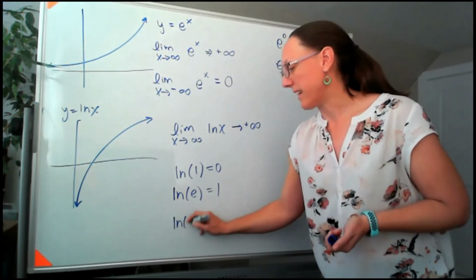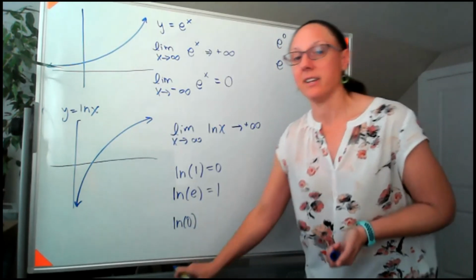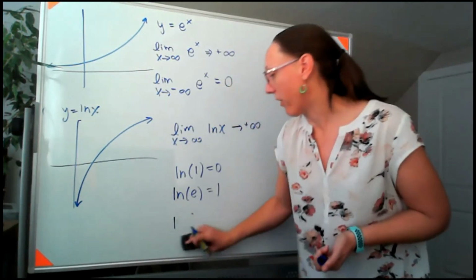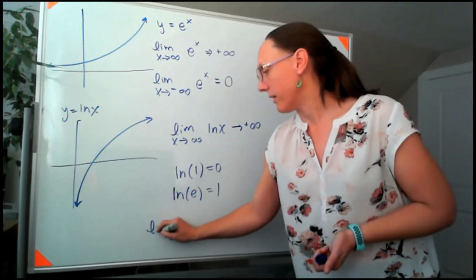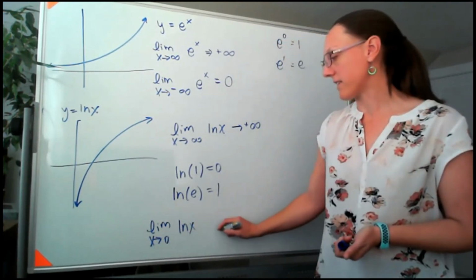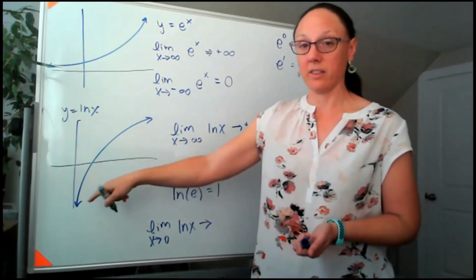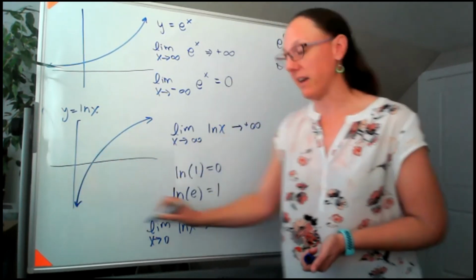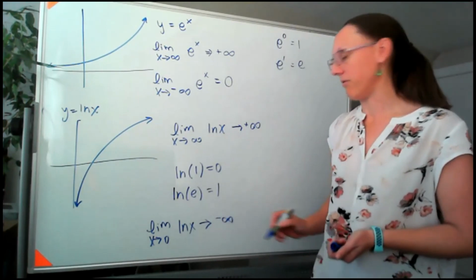Natural log of 0 is undefined, but we can talk about the limit as x approaches 0 for natural log of x. And that, looking at the graph, that limit is headed to negative infinity.